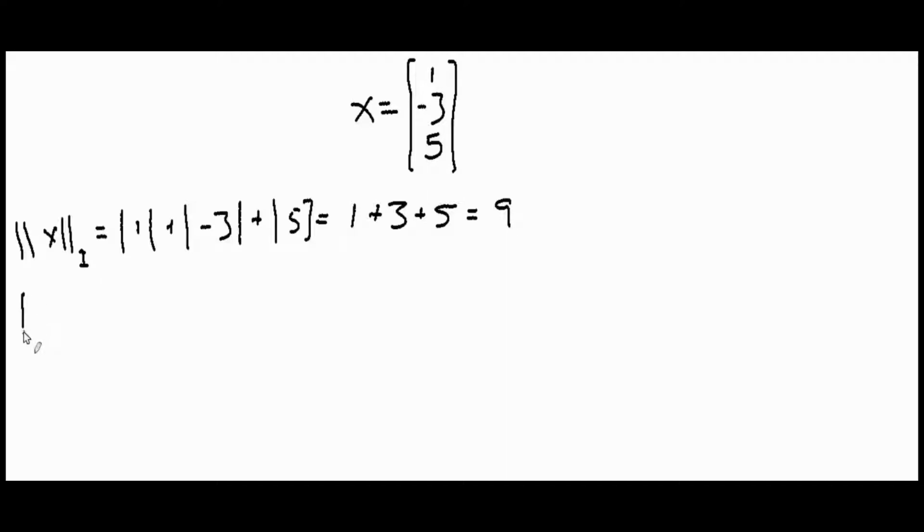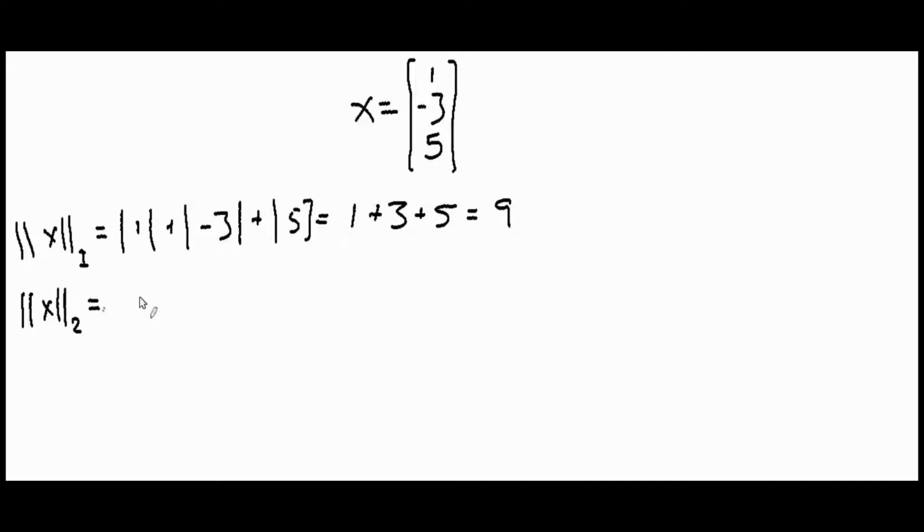Now let's do the L2 norm of x. We'll write 2 vertical bars x, 2 vertical bars subscript 2 to represent the L2 norm of x. And this is the Euclidean norm, so it will be the square root of the sum of the squares.